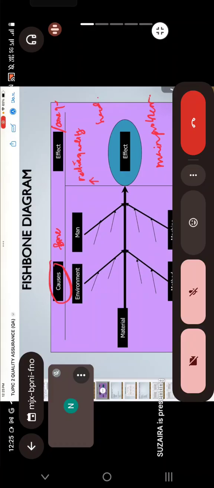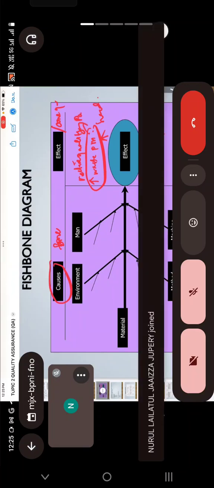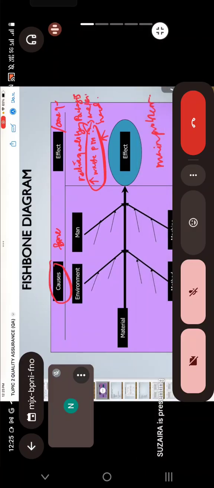So this is more specific because we focus on the packaging process and the wrappers. So packaging is a process and also the material and probably the operators. So maybe we have 3 here.